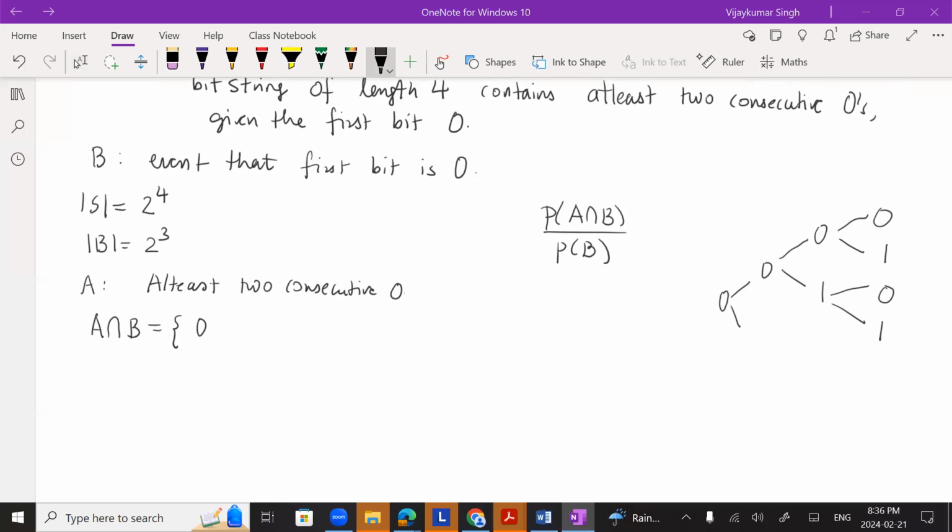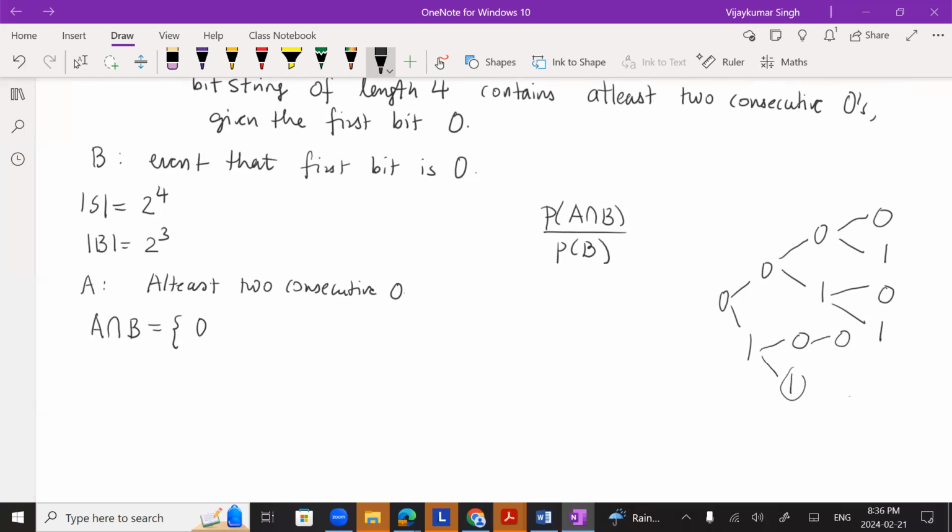Now let's look at the next branch. I had 1 as my second bit. Now what about the third bit? Third bit can be either 0 or 1. Now the fourth bit is either 0 or 1. So this is not a possibility, right? Do you agree? This is not a possibility because I need 2 consecutive zeros. Then here I have 0, 1, and there's nothing here which will give me any option.